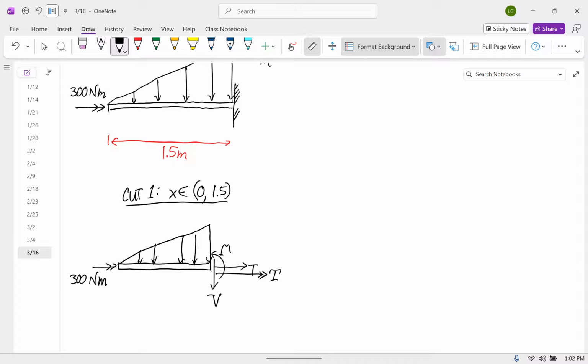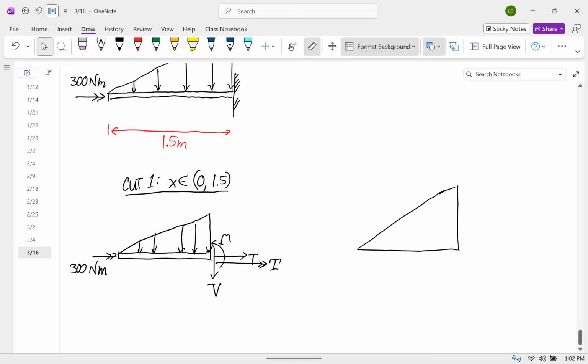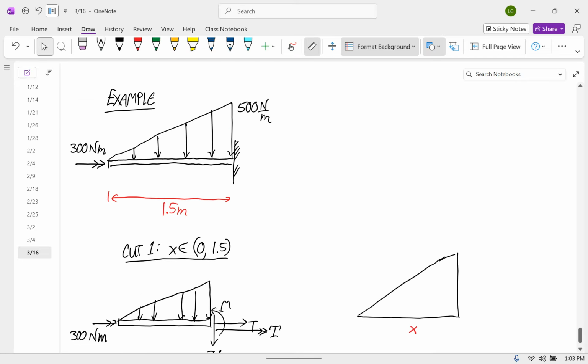And before we can do calculations, I have to represent that distributed load as a point force. Okay, so here's my triangle. And at first glance, you might think, oh, this is a cut, so this length is X, and this height is 500.